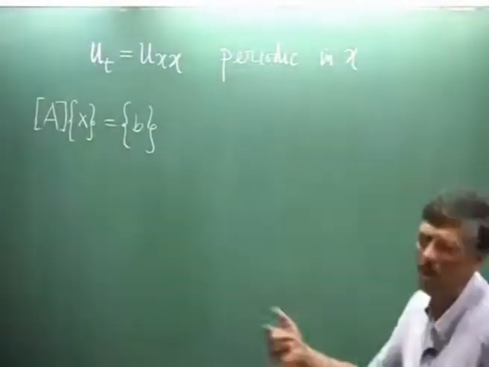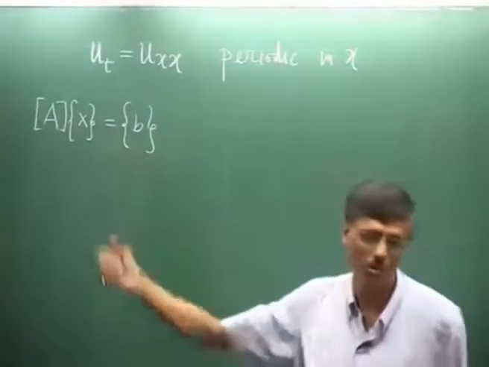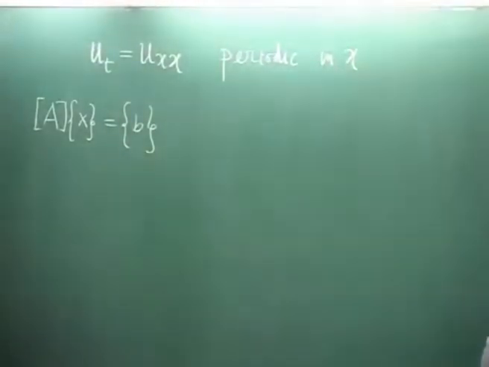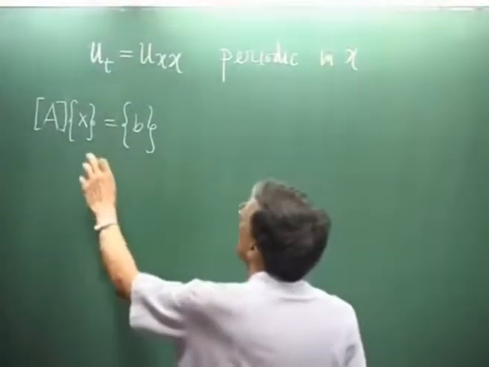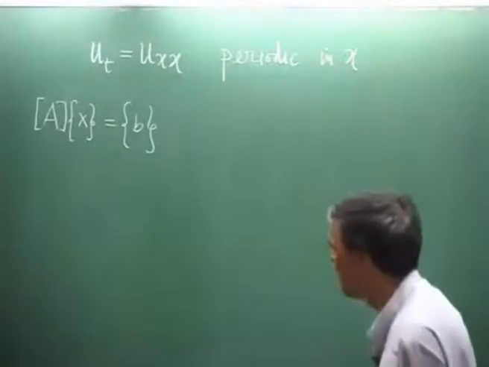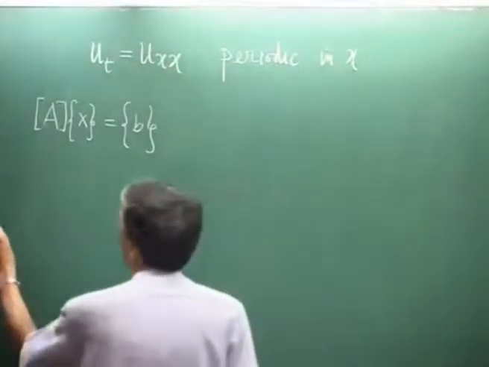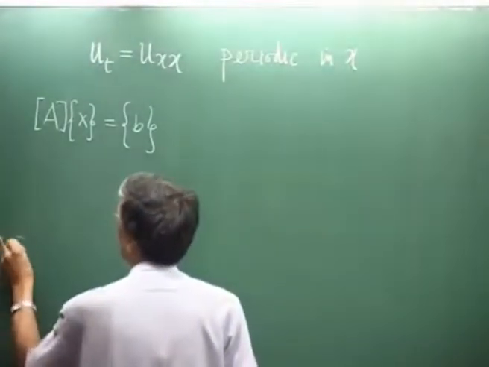Whatever you do, at the end of the day all you have to do is solve a linear algebraic equation. So linear algebraic equations occupy a huge space in this study. Here also you notice that this equation looks the same, but the A matrix had a specific structure that we talked about.